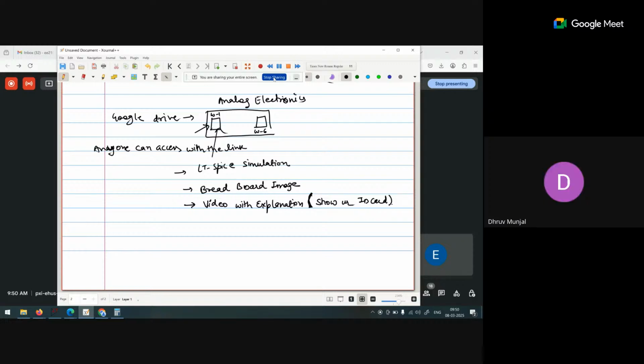Sir, can you explain this ramp generator circuit once in the lab? Ramp generator. Simply, for example, if we take a square wave as an input, and that square wave is given to the integrator, and that integrator is designed with the operational amplifier, what is your output?